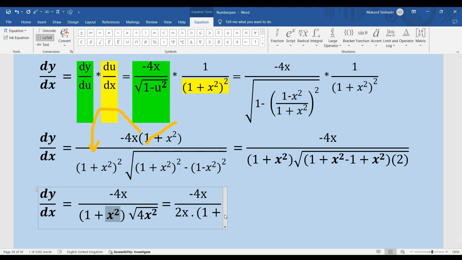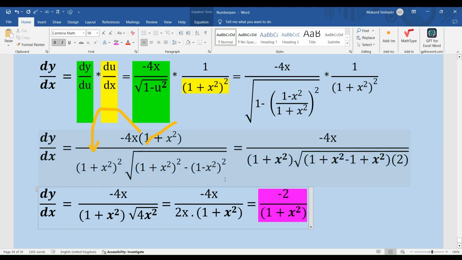Which means my x gets cancelled out, and I can cancel out the 2 in the denominator with 4 in the numerator, and I'm left with minus 2 divided by 1 plus x square. So that's my final answer. I'm going to highlight it in pink. So my final answer to this problem is dy by dx equals minus 2 divided by 1 plus x square.